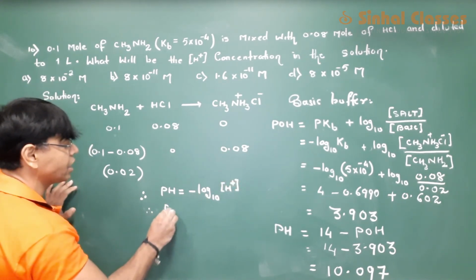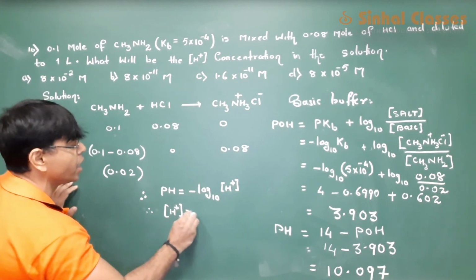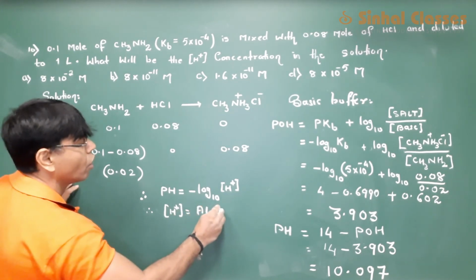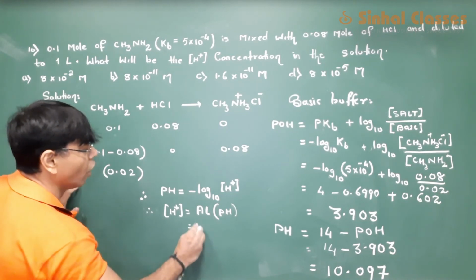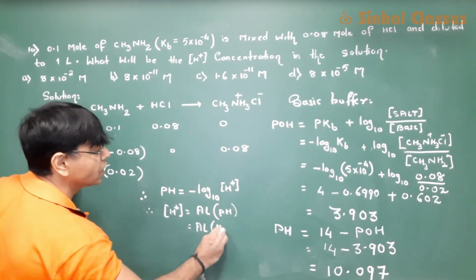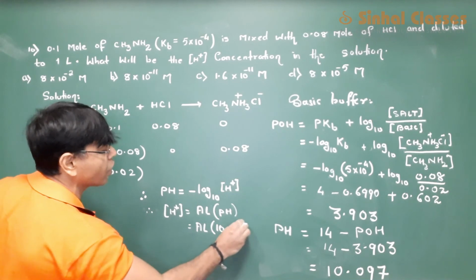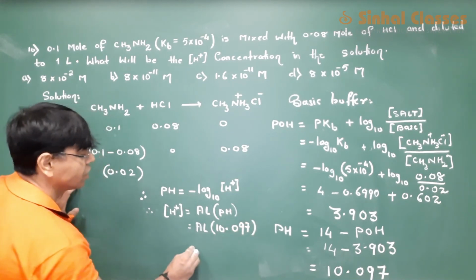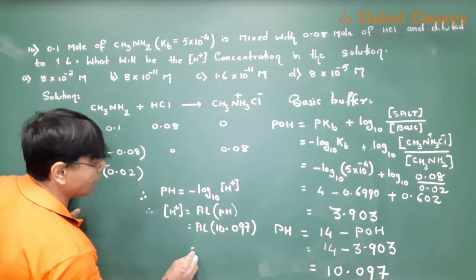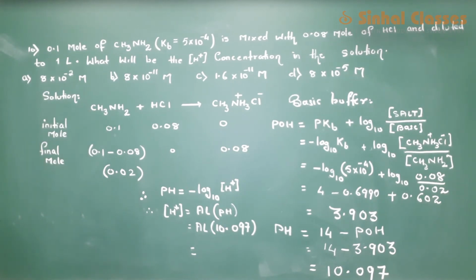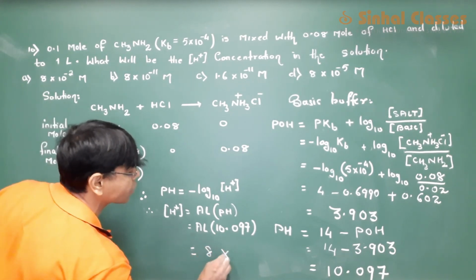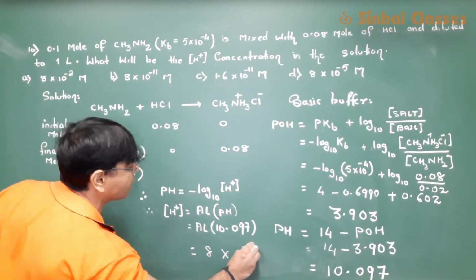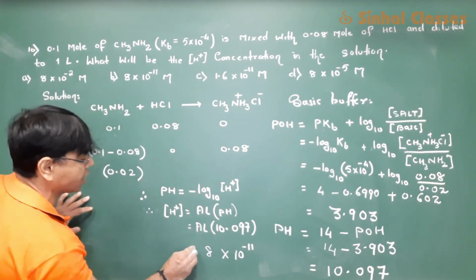So if I want H plus, it will be the anti-log of the pH value. The anti-log of 10.097 is 8 into 10 raised to minus 11 approximately.